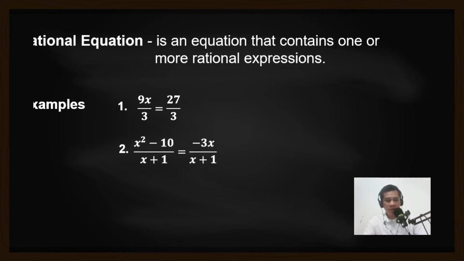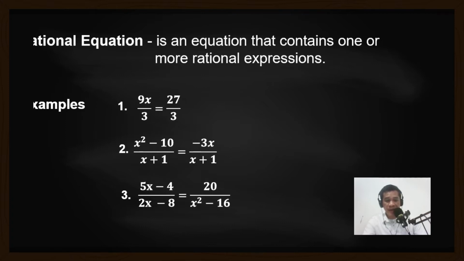Now let's have number 2. In number 2, our rational expression is x squared minus 10 over x plus 1. Then on the other side we have negative 3x over x plus 1. There is the presence of an equal sign, so it is a rational equation. Number 3 also is an example of a rational equation because of the rational expression and the presence of an equal sign.